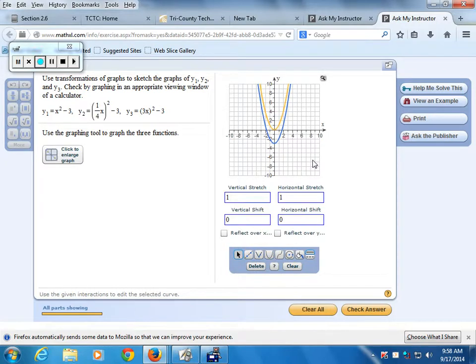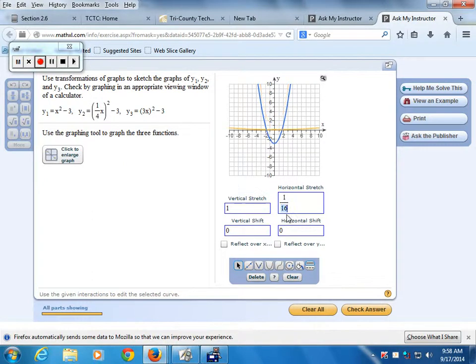And then we've got a stretch of 1/16. So this would be a horizontal stretch of 1/16. You might not like that. And the vertical shift, or 1/4, I'm sorry, it just wants 1/4. And then a vertical shift of -3.